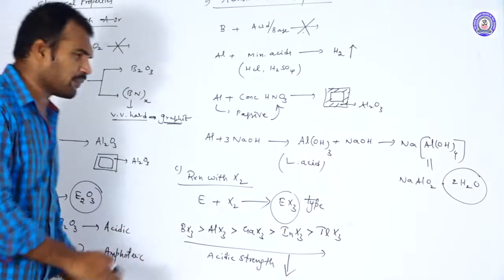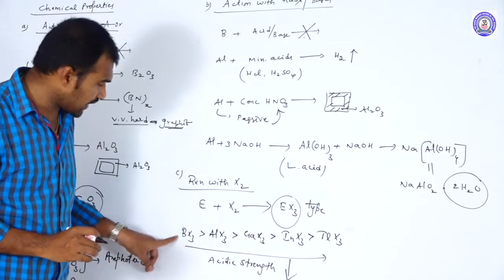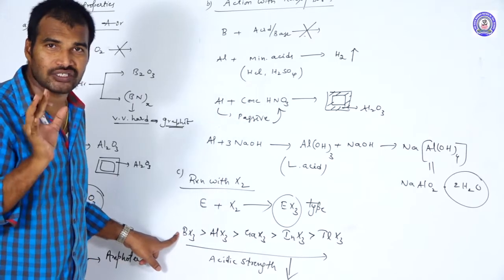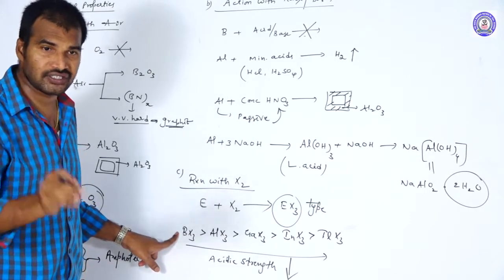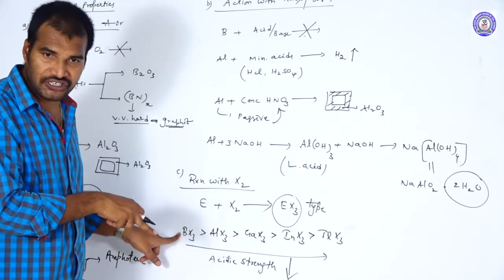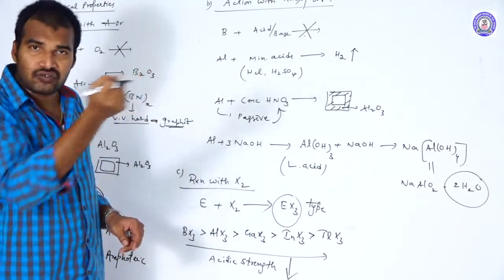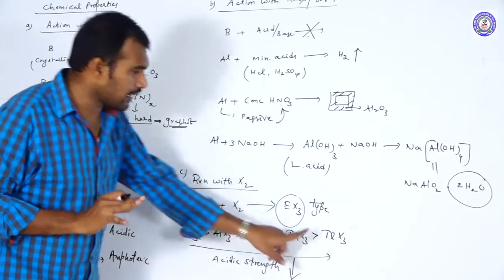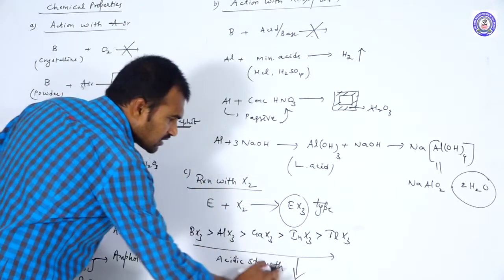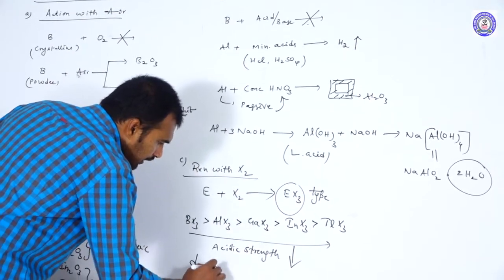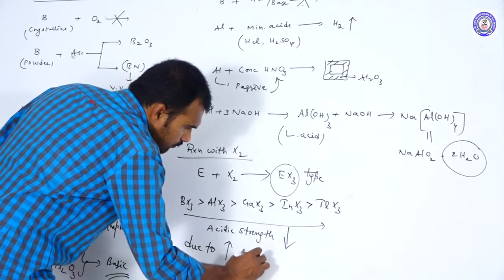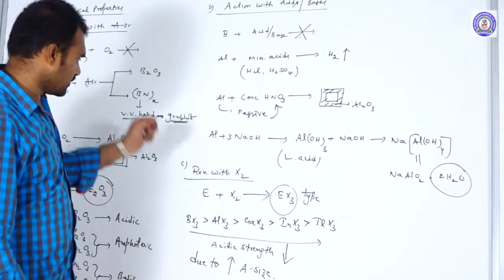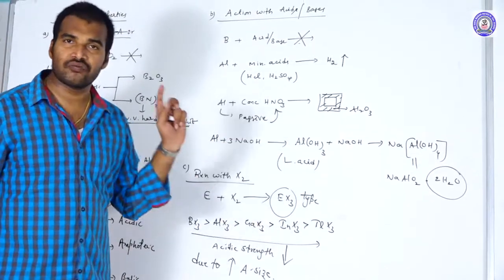In BX3, the central atom is boron, small size. Because of small size, it has high effective nuclear charge, and it is electron deficient. So the nucleus will always try to attract electrons more. That is why BX3 is more acidic than TlX3. So the acidic strength decreases due to the increase in atomic size, in case of trihalides of 13 group elements.